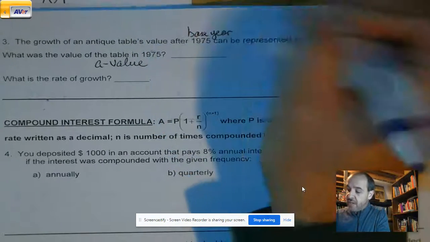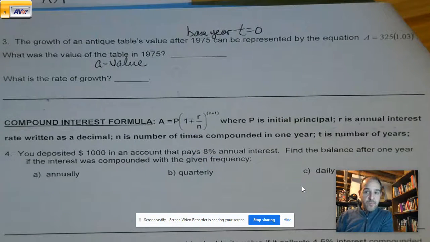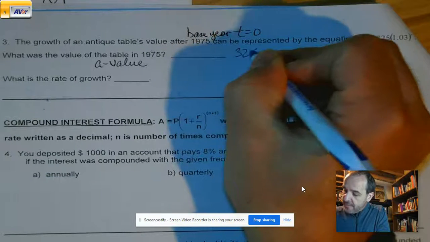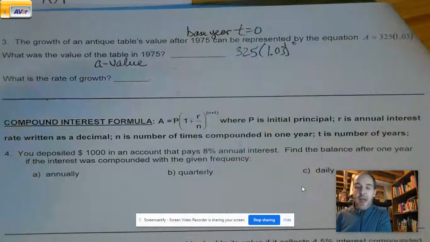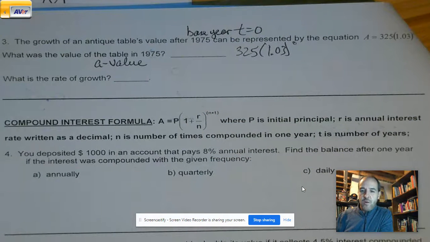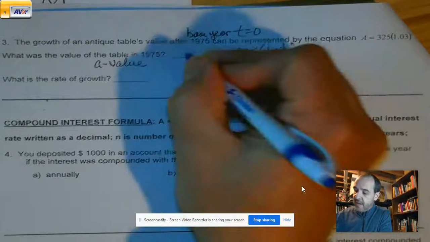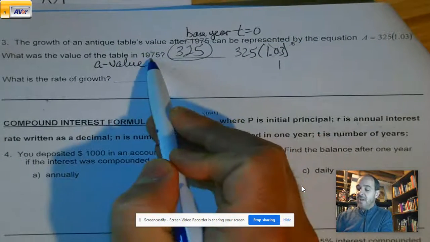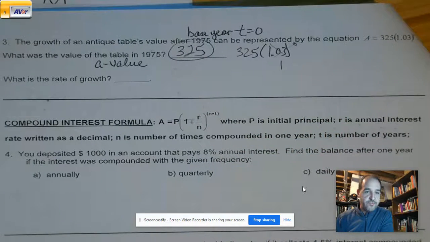And when it's the base year, your t equals 0. So if you have 325 times 1.03 to the 0 power, what's anything to the 0 power equal? 1. So this whole thing here equals 1, and 325 times 1 is 325. So if you're ever asked the value of something in the base year, it's just whatever your a value is.